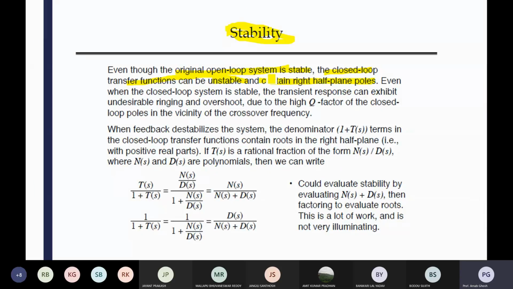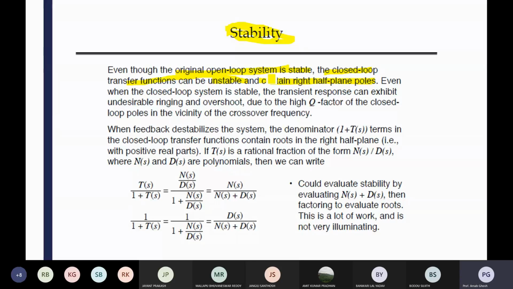Additional phase lag may cause additional delay, additional undershoot, and sometimes instability. That's the problem. So for stability of the closed loop system, no pole should be in your right half plane. If there is any right half plane pole, your system is unstable.